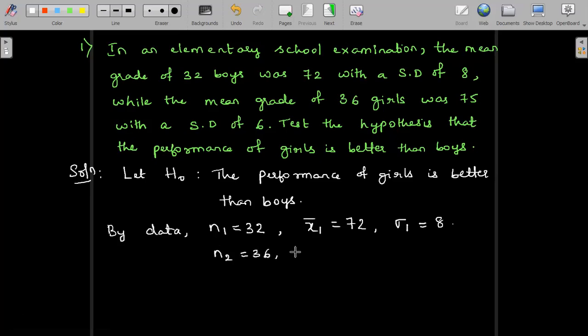And x2 bar, the mean grade, is given as 75, and sigma 2, the standard deviation, is 6 in this case.